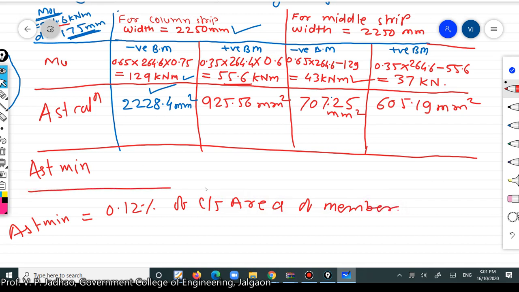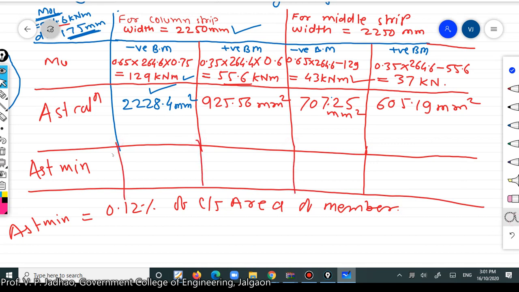Now first we will calculate the percentage AST. Just write down here percentage AST.